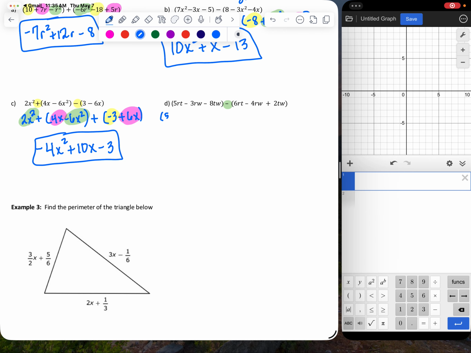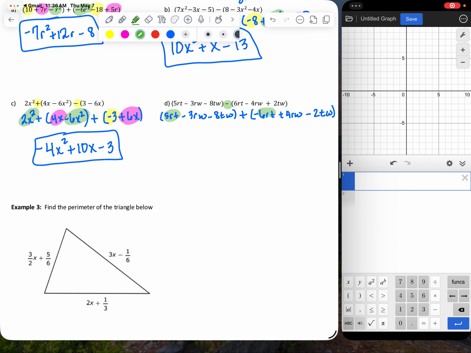So I would write pretty small on this one. 5RT minus 3RW minus 8TW. Change the subtraction to addition, and then take the opposites. So negative 6RT, positive 4RW, and negative 2TW.